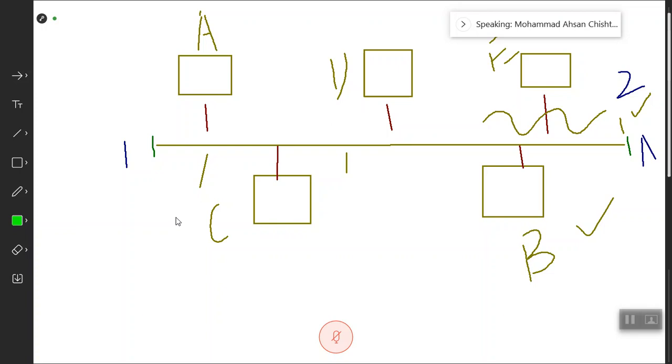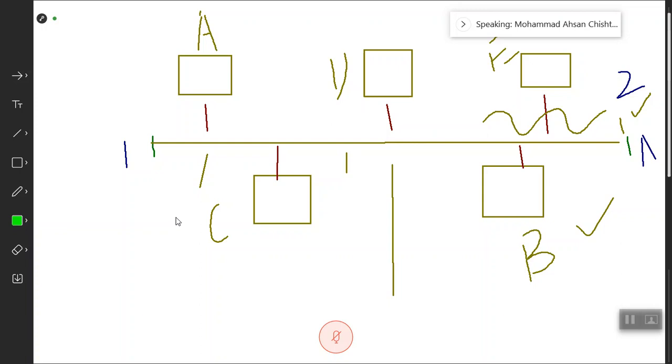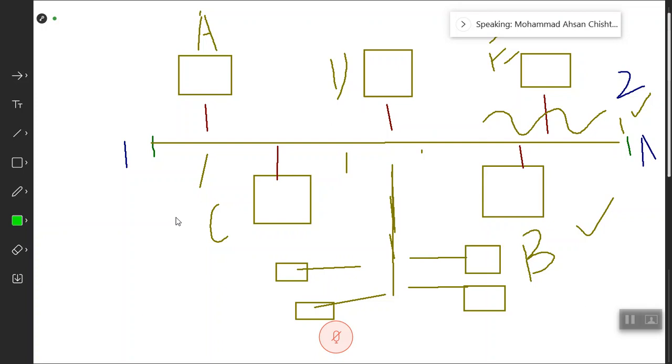The second type of bus that we come across is known as a distributed bus. And what is a distributed bus? I would have another connection here like this. This would be connected to the main bus and it will have some more nodes connected to it, like this one, this one, this one, and this one.